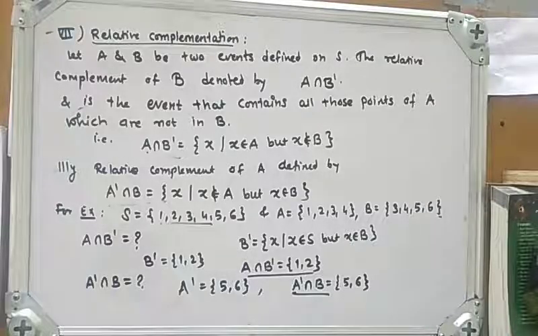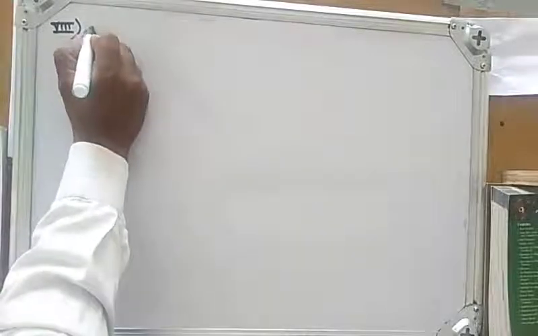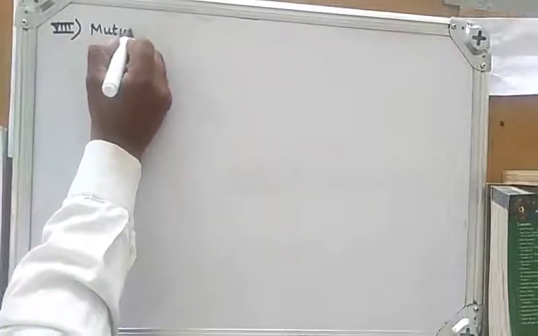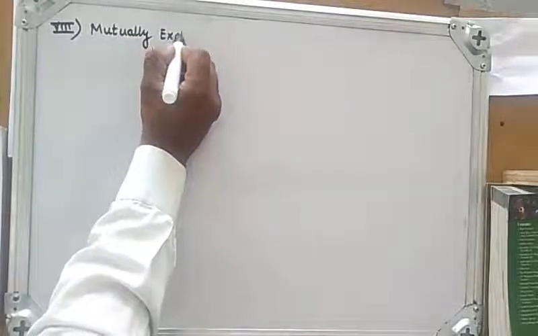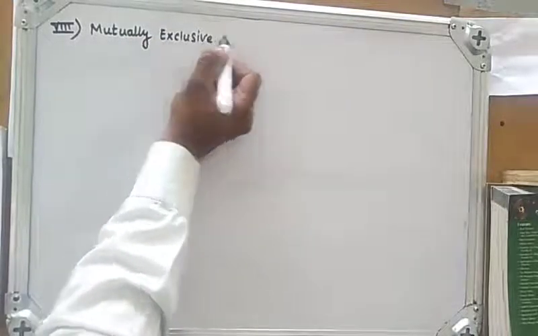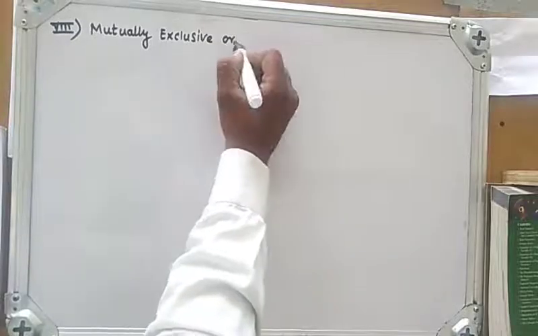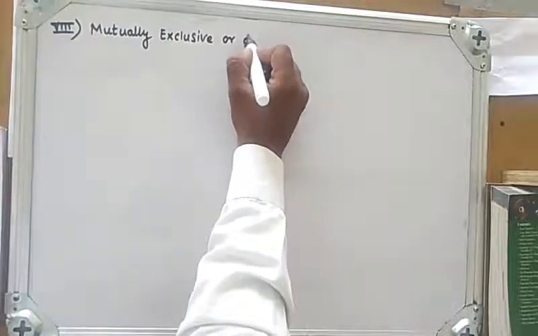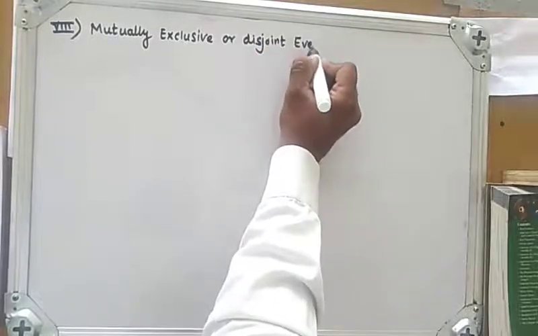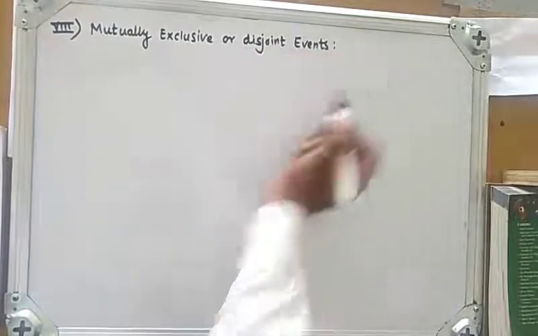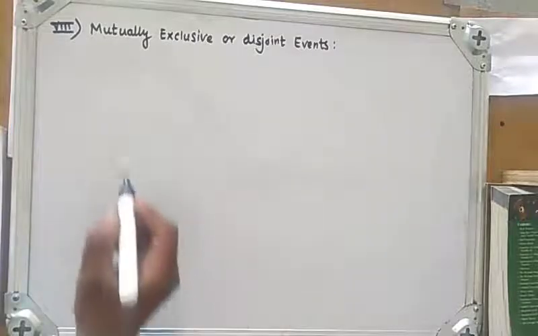Now let's see the next events, which are mutually exclusive or disjoint events. Now let's see the definition.